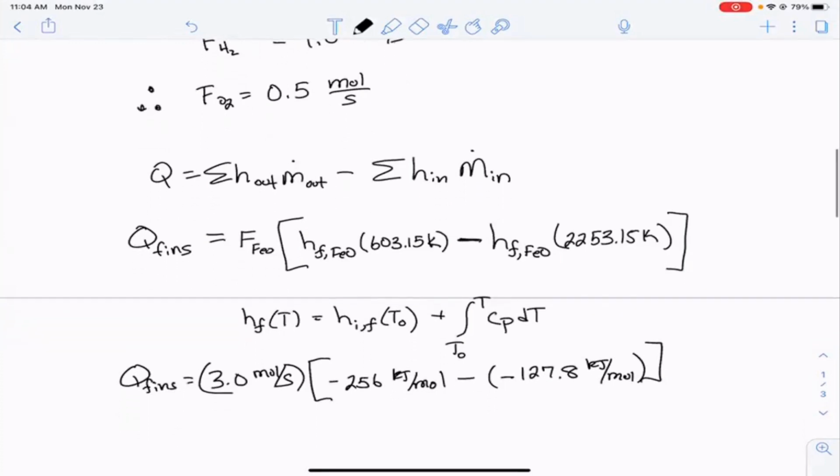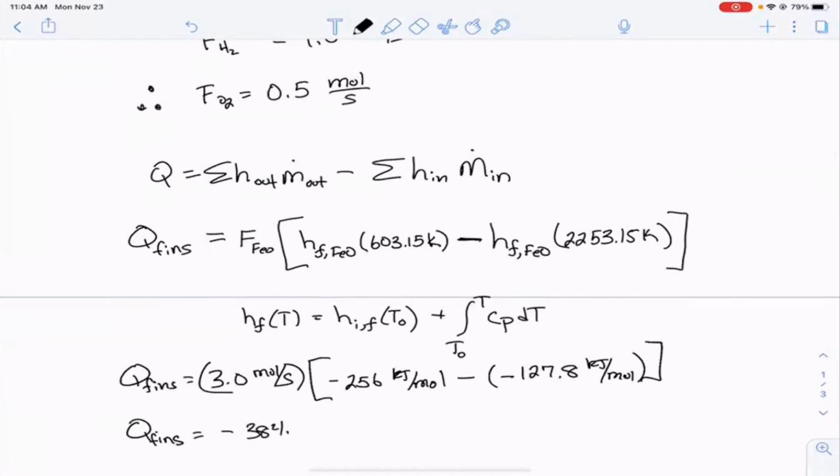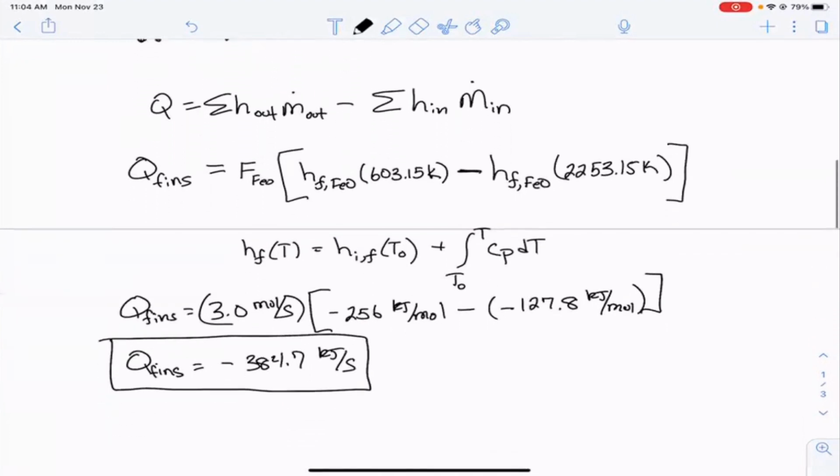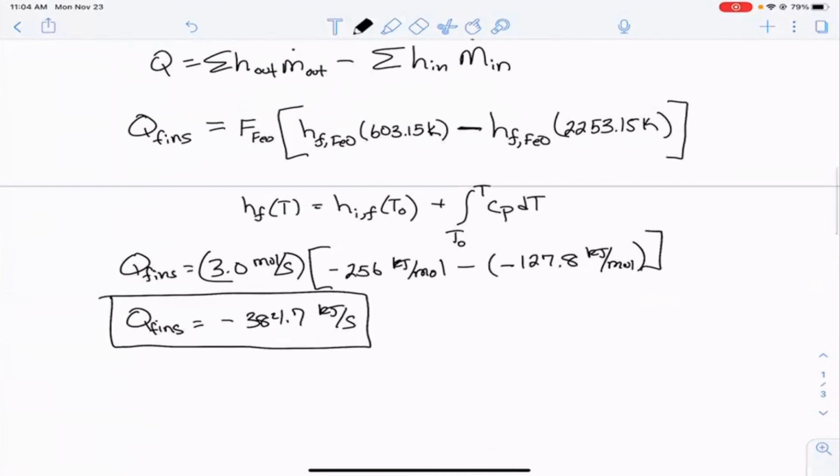Then we find that the heat that has to be removed in the fins is equal to minus 384.7 kilojoules per second. Okay, so there's Q fins. And now we're going to do the same thing to find Q solar.